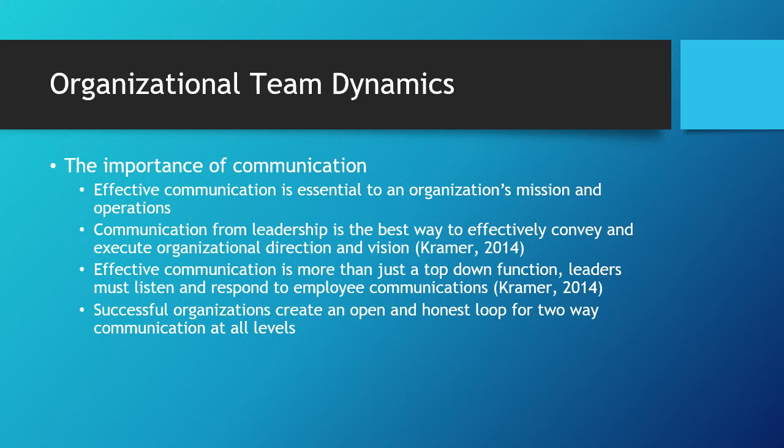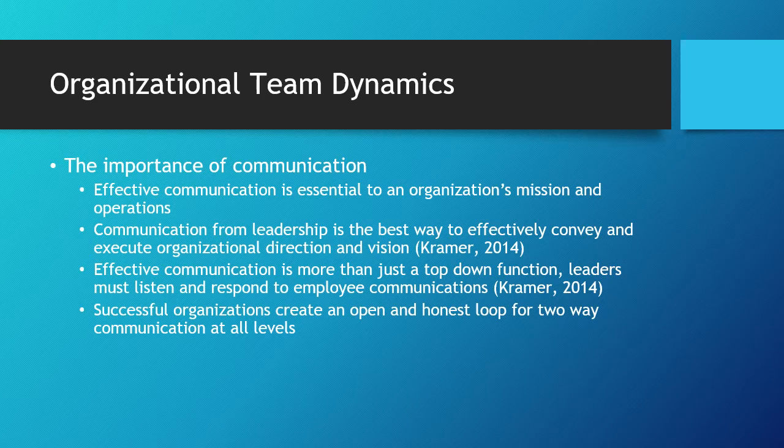And effective communication is more than just a top-down function. Leaders have to listen to and respond to communication that comes from the bottom up as well. It is honestly a two-way street where leaders have to be able to communicate their expectations but also listen to feedback from employees about the direction of the organization.